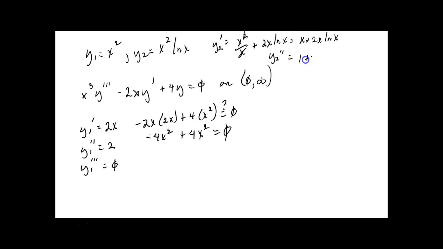One plus 2x over x, plus 2 ln of x. Okay. Got it. I'll clean that up a little bit. This simplifies to 1 plus 2, which is 3, plus 2 log x. Now we'll do y2 triple prime because we have that over here. And what would that be?